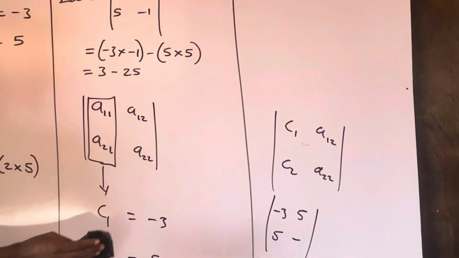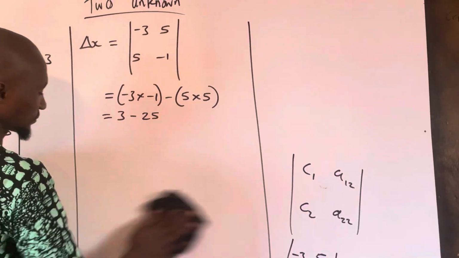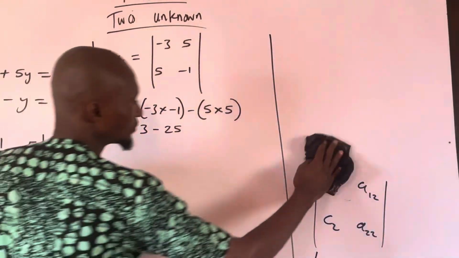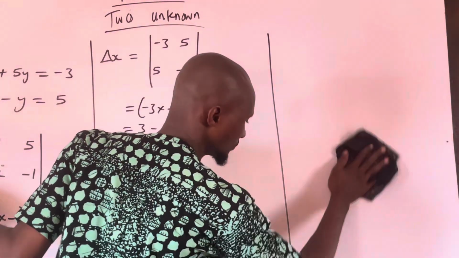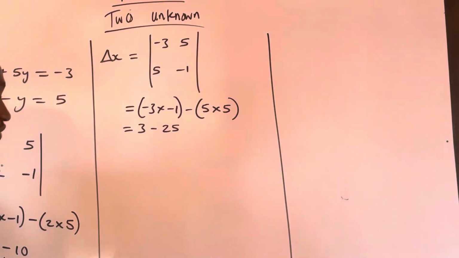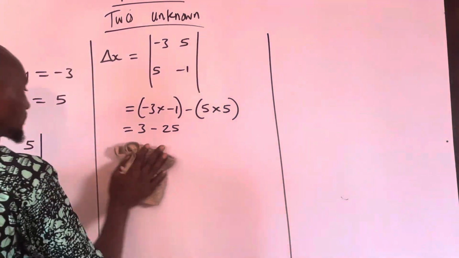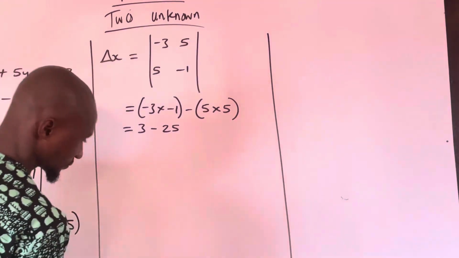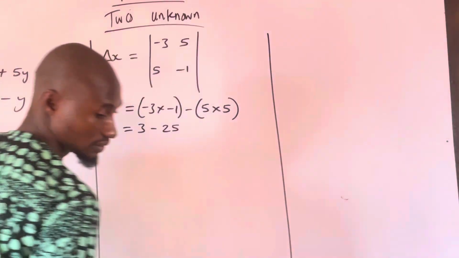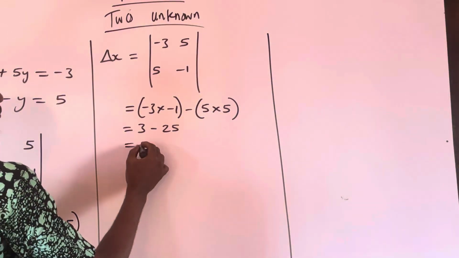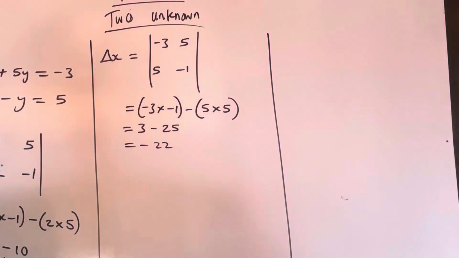So delta x equals minus 22. Okay, that's correct.